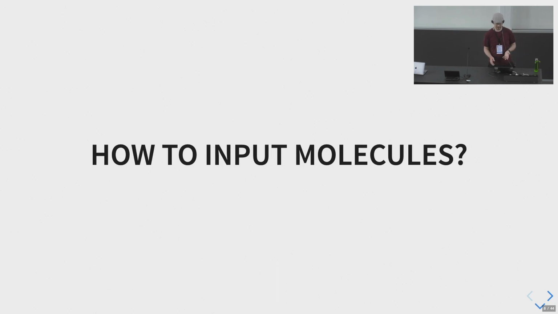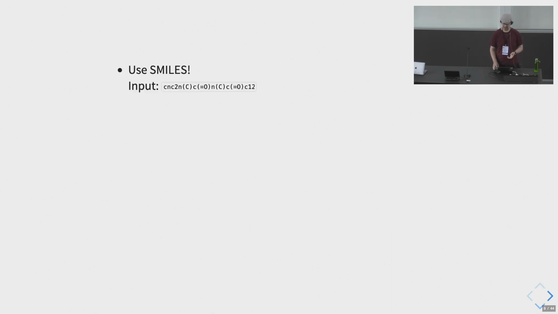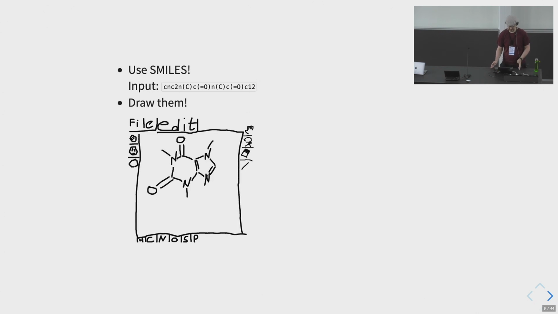How can you input molecules? Well, there are ways. One is the SMILES notation. You can just make an input field and write molecules in this form, but I mean, who does that? You would probably want to draw them, right?